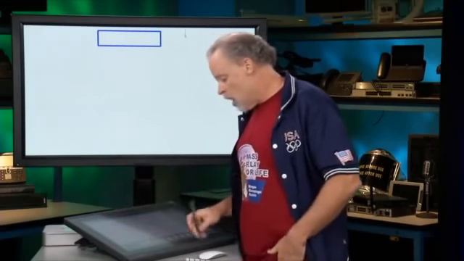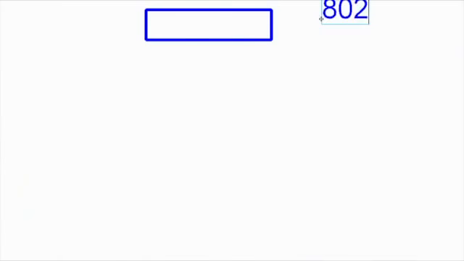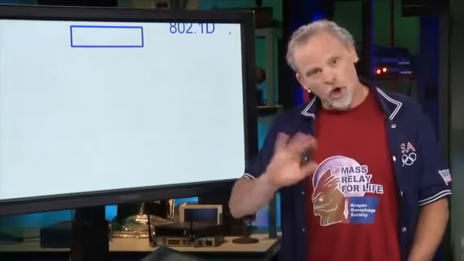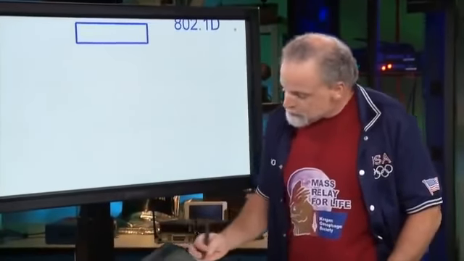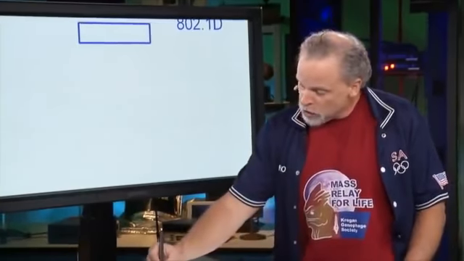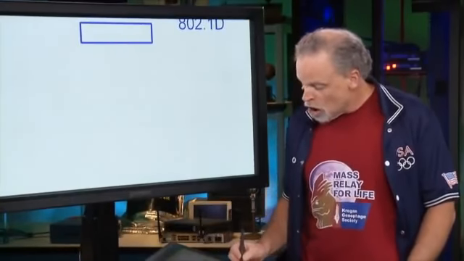Now, Spanning Tree Protocol was actually based on a standard called 802.1D. And D is, if you ever look it up, one of the oldest standards that we have out there. Now, how we determine this root bridge is we either manually set it or it's hard-coded in here.